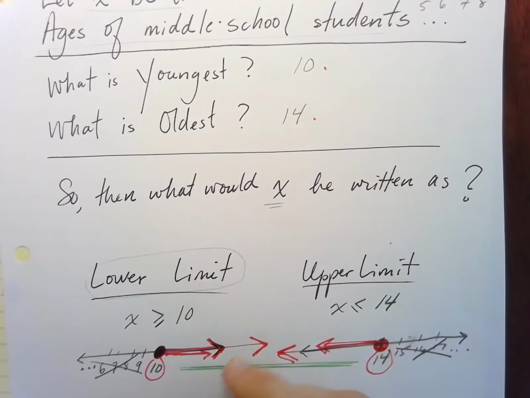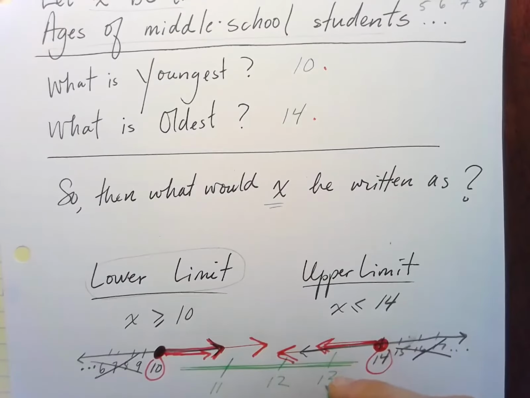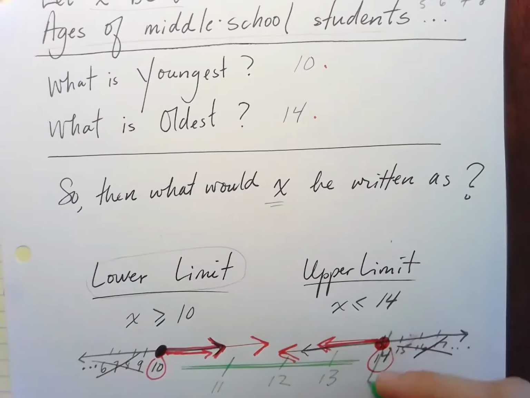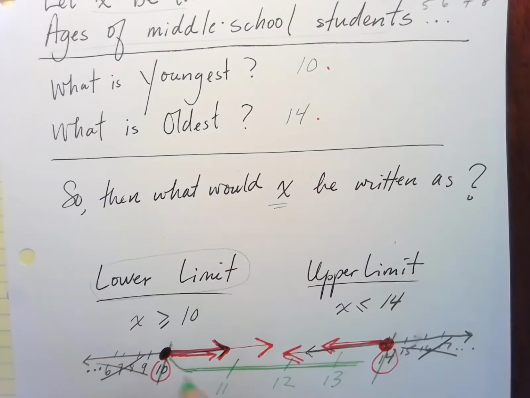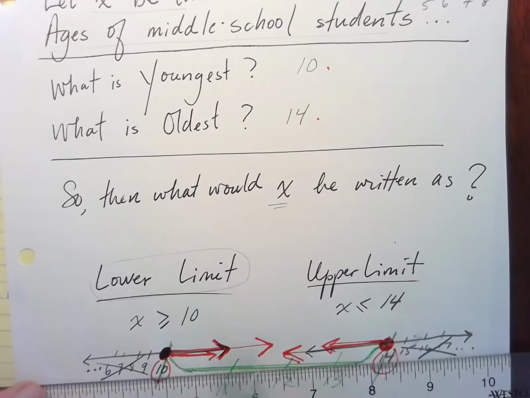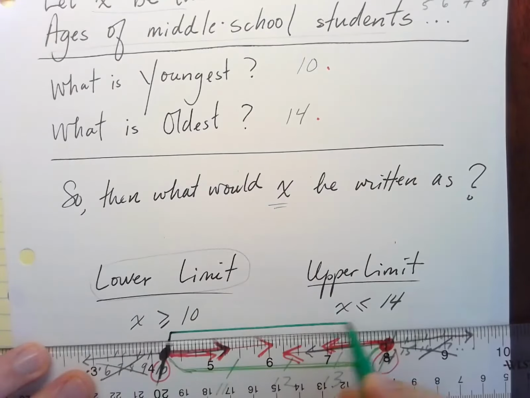And then what do we have here? We have 11, and we have 12, and we have 13, and then we have 14, and we have 10 down here. So really what we're getting at, I'm extending this graph, and I'm just interested in looking at this section right here.